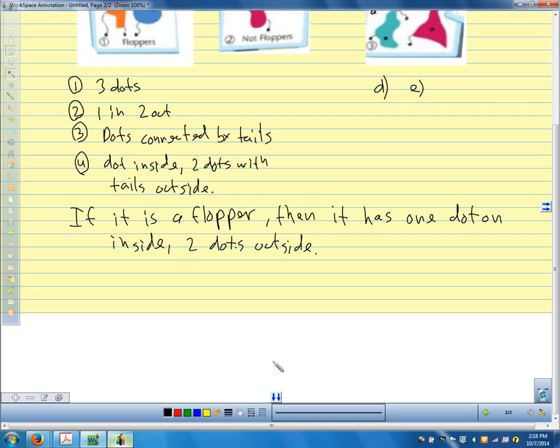Let's write the converse of this. So if we're going to write the converse, what do we do for a converse? Flip it, turn it around. So what's going to be our new hypothesis here?